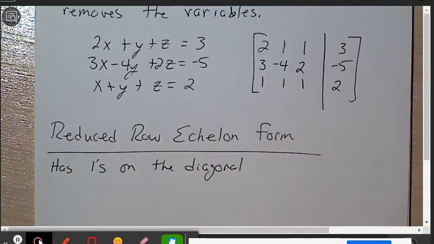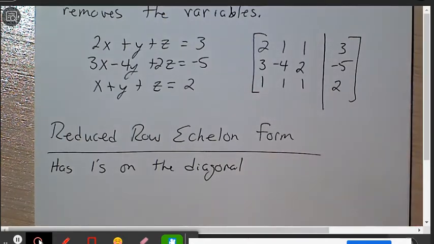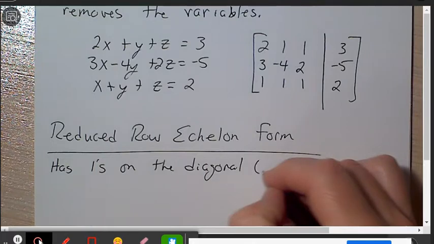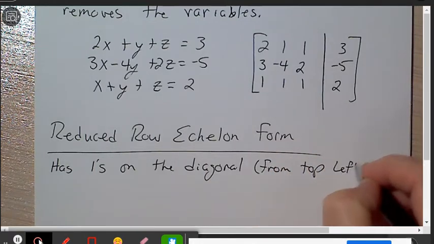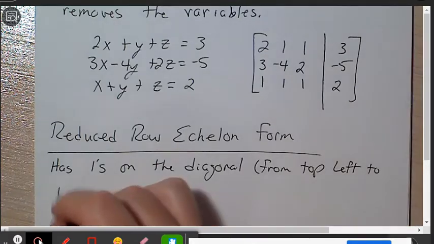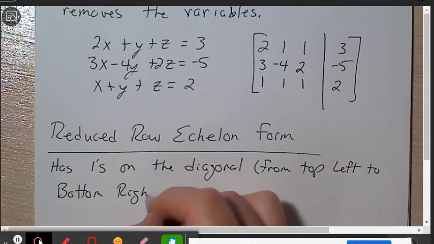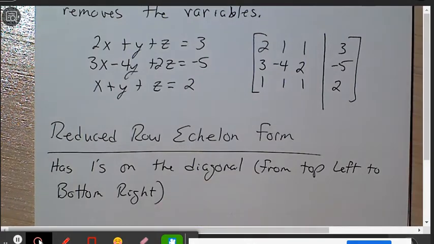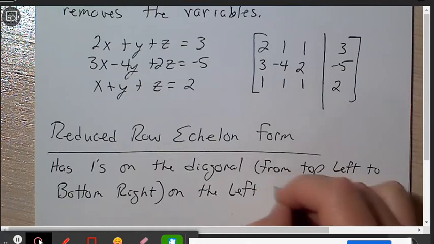It has ones on the diagonal on the left-hand side with the variables. It says it has ones on the diagonal. Basically, we'll say from top left to bottom right, on the left side of the vertical line.